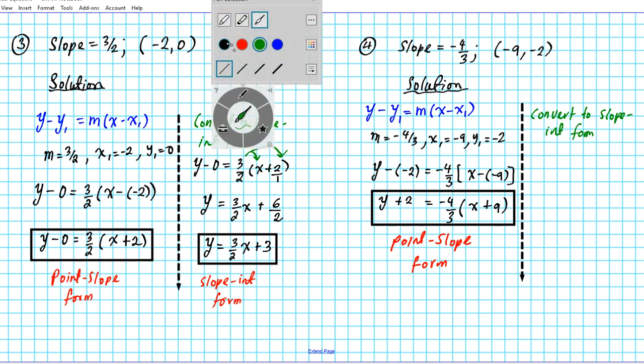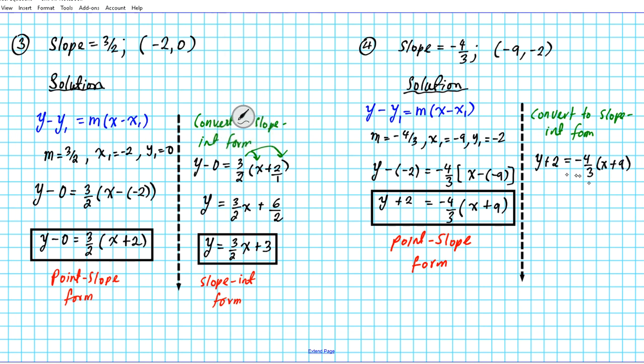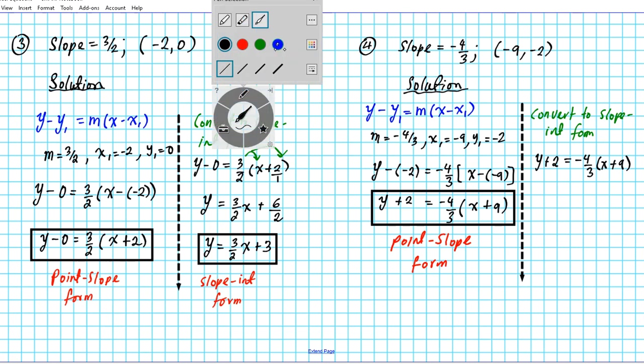We have y plus 2 equals negative 4/3 times x plus 9. So to simplify, on the right side, we have to distribute this coefficient. We're going to distribute negative 4/3 to x and to positive 9. Okay, so let's go ahead and do that.